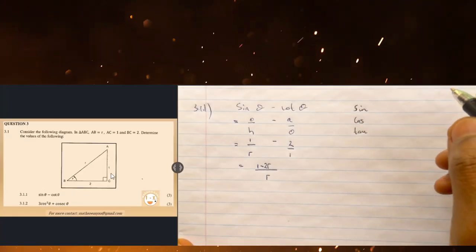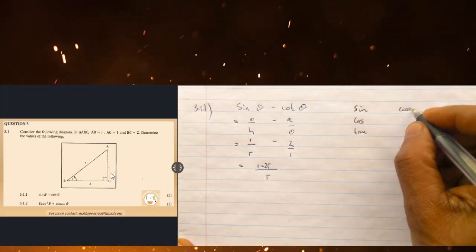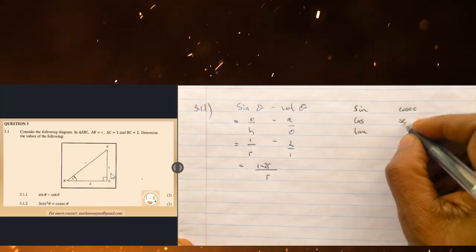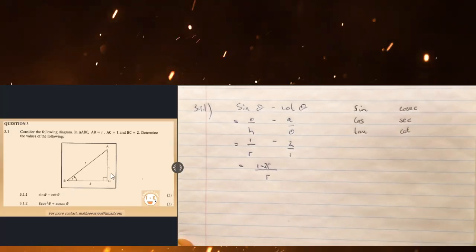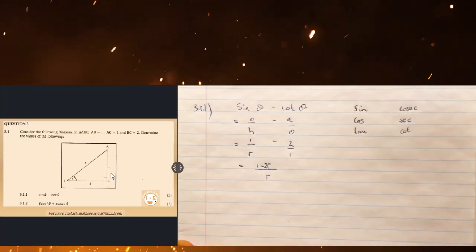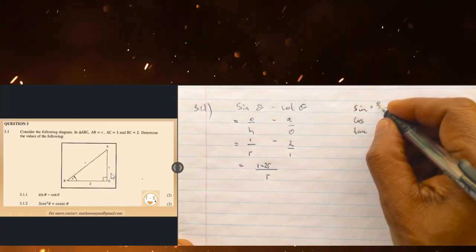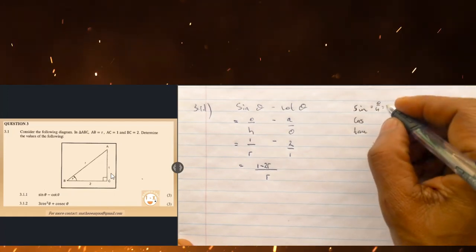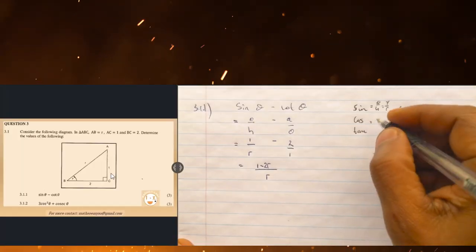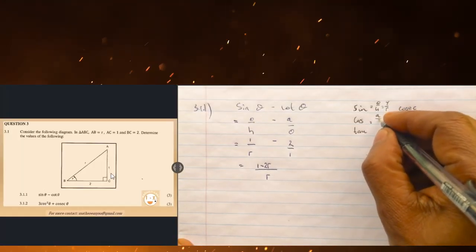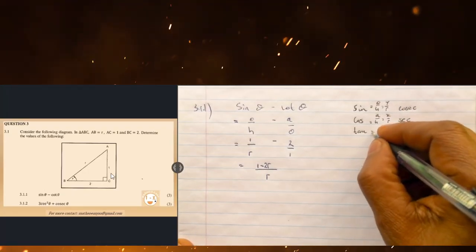Then later on, we are told that each of these has a reciprocal, which is defined as follows, isn't it? All right. Then what do we know? This one is opposite over hypotenuse, or y over r. Then this one is adjacent over hypotenuse, or x over r. And then this one is what?